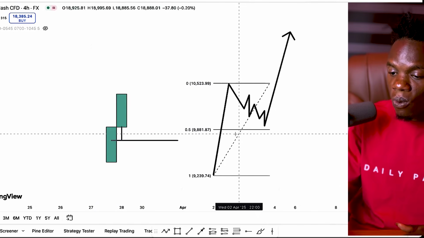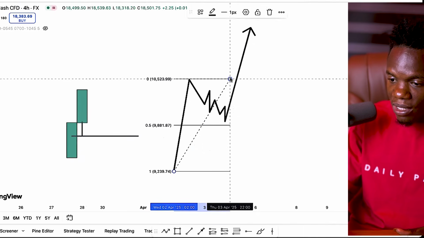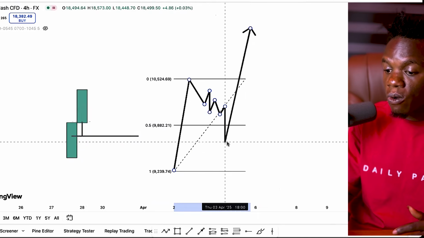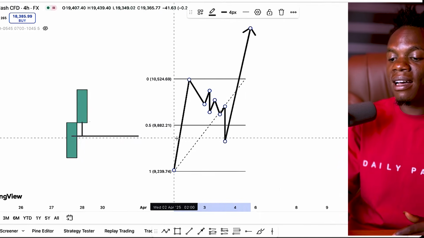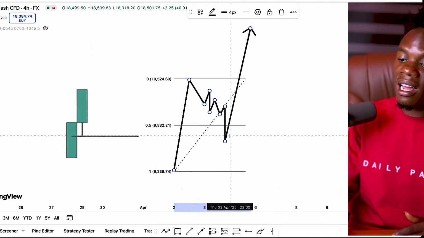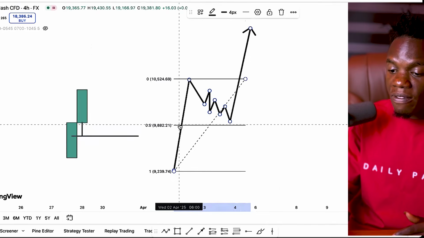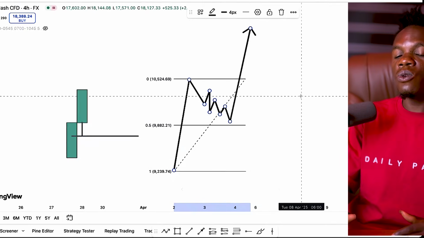On my right-hand side, I purposely drew this pattern like this because some people want the market to come below 50% of the Fibonacci before they start looking for entry, either at a fair value gap or any other block on this range. But it doesn't actually have to be like that, because there are some days the market doesn't go below 50% of your Fibonacci range and then starts moving to the upside. So you have to be dynamic.